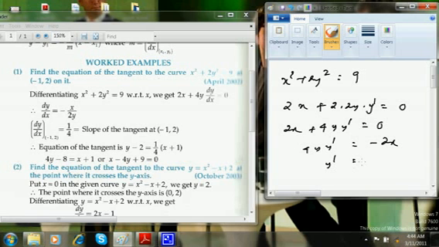Y dash is minus 2x by 4y, which is minus 1 by 2 into x by y, what I'm writing as minus x by 2y. So this is the dy by dx.